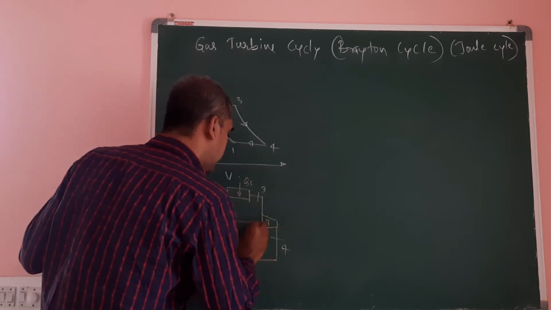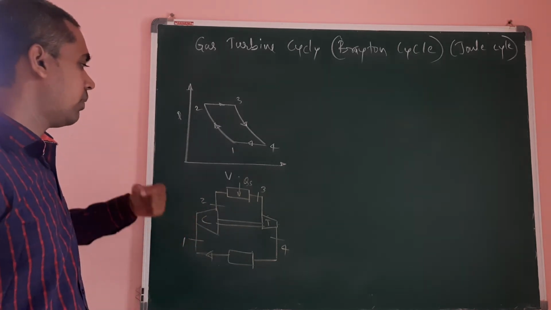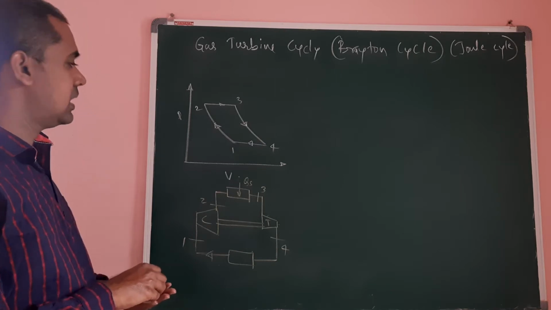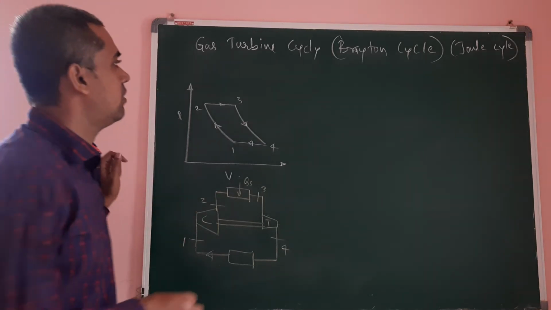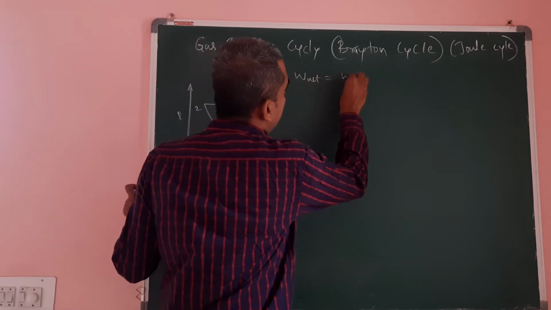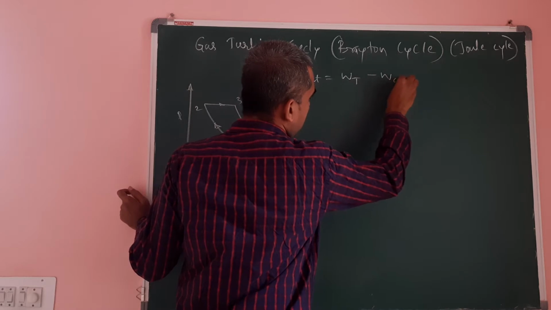Here the turbine is coupled to the compressor. Therefore we can give the work done by this gas turbine cycle as turbine work minus compressor work. W net is equal to turbine work minus compressor work.